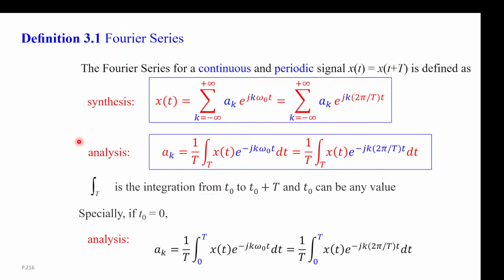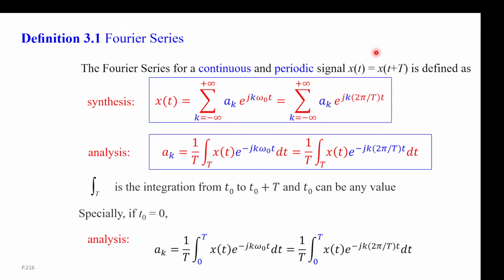And we derived this analysis relationship, where we can calculate ak from x directly by doing this integral: 1 over T, and you integrate over one period, x of t times e to the minus jk omega naught t dt. So you can get ak from x with this equation, and you can get x from ak with the other equation.